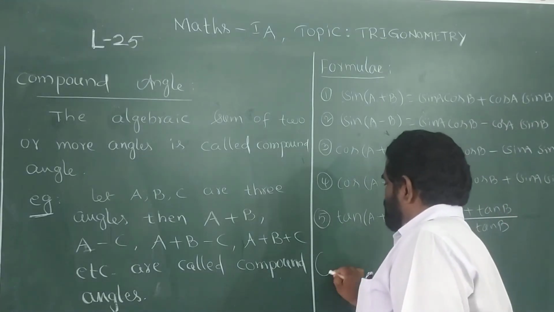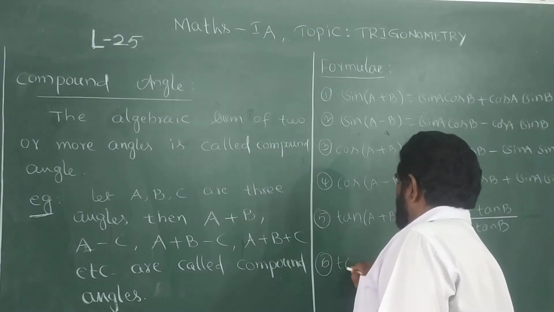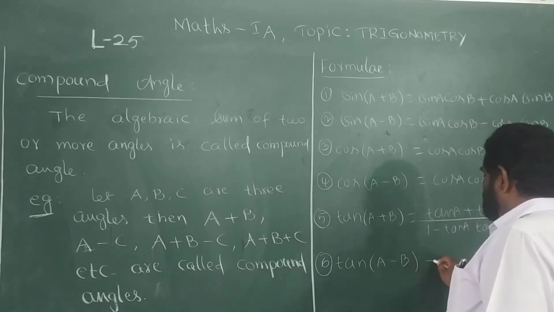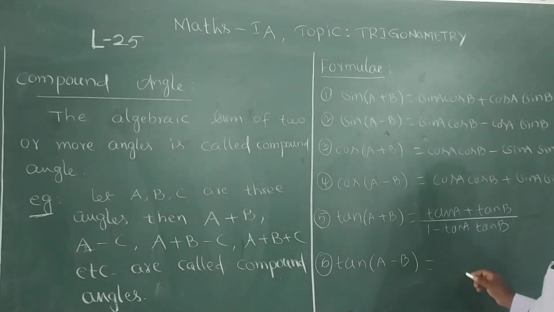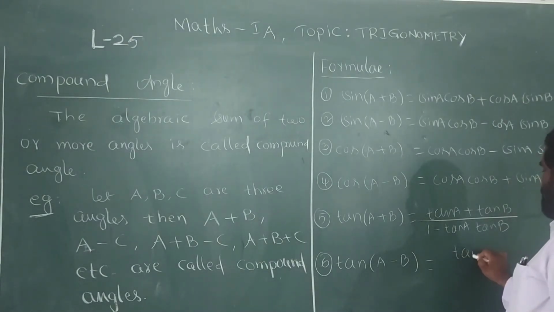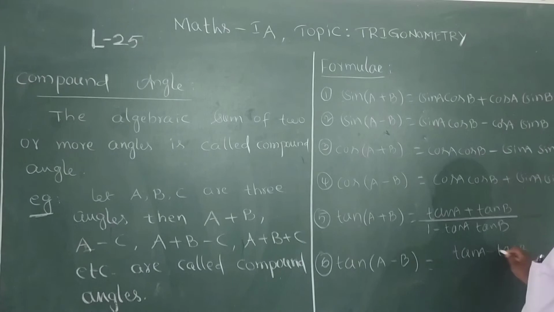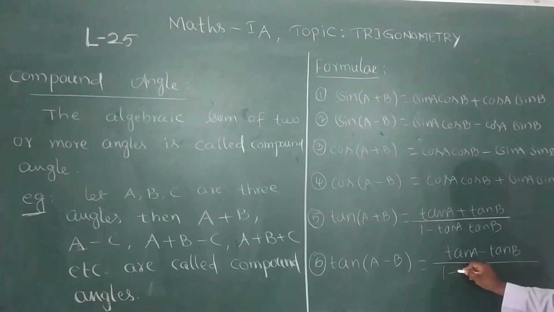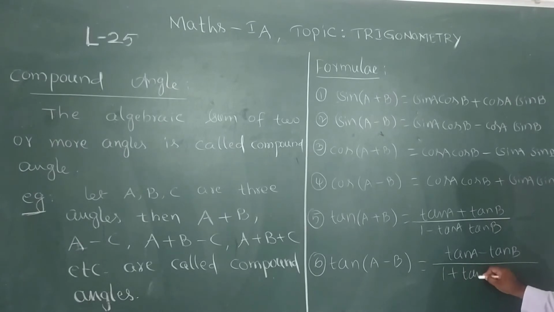Next, tan of A minus B equals tan A minus tan B by 1 plus tan A tan B.